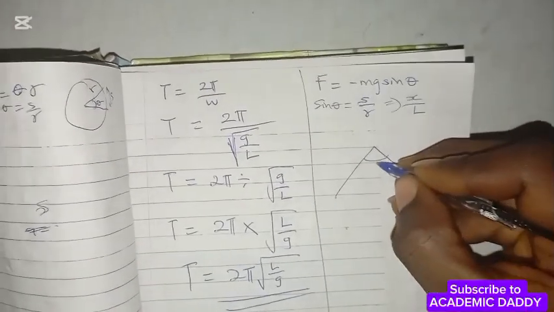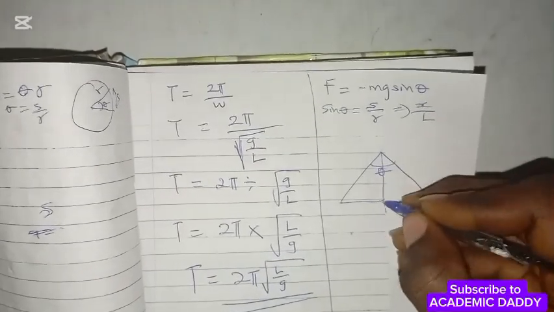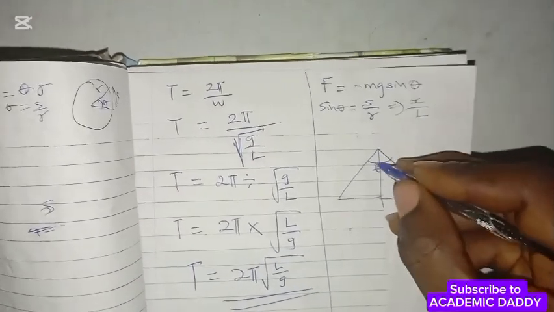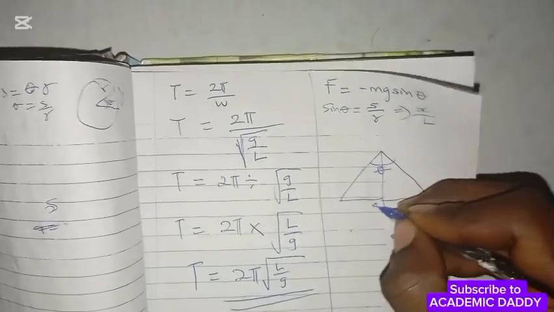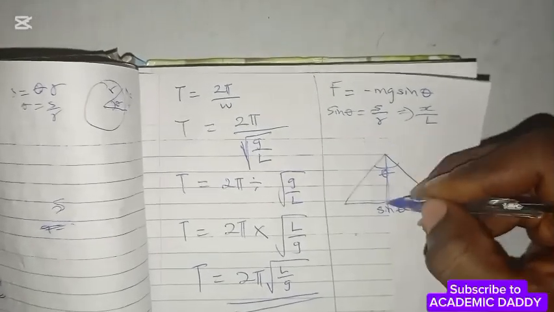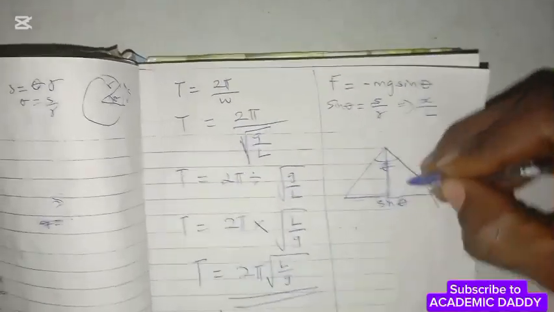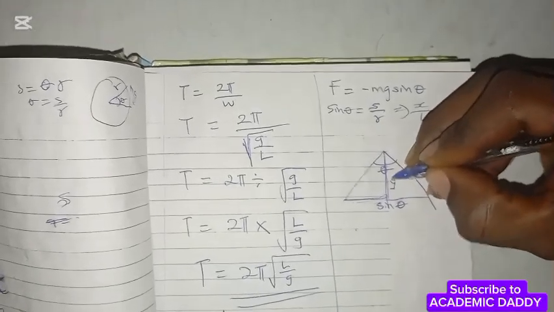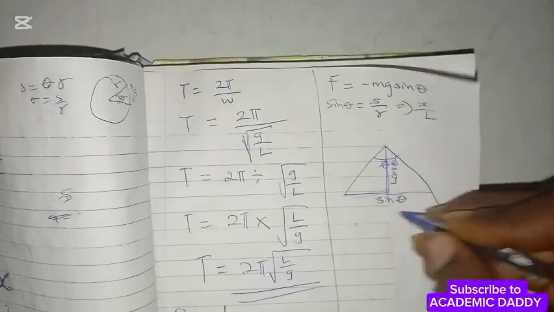A simple pendulum is that type of motion that has this theta this way, and whenever theta is facing down, the side facing is the opposite, and whenever you're talking about opposite, you call that side sine, and that means that the remaining part, this side now, becomes cos theta, and we put L because we are talking about length, so this one becomes L.